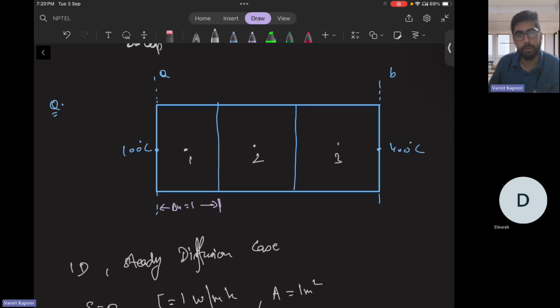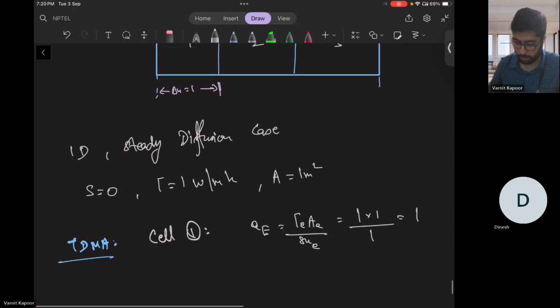You get the value. Okay. If I go for cell 2, so what should I write the west value? Can you tell me, Dinesh?